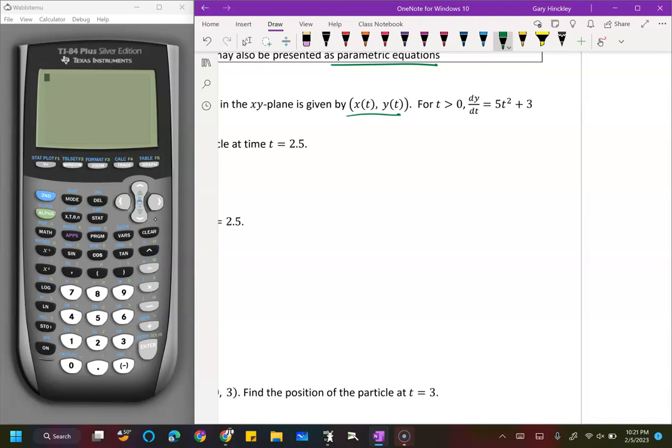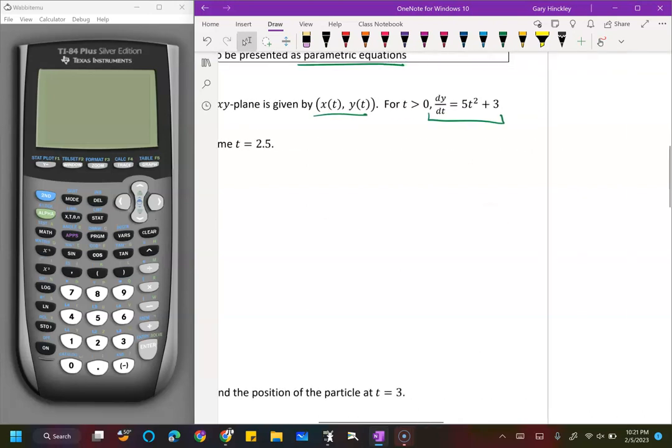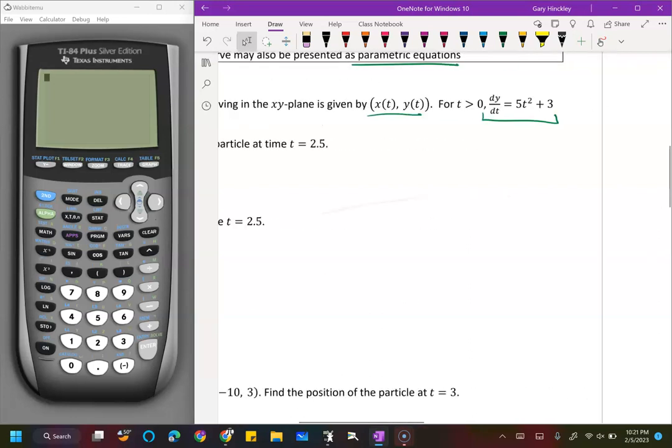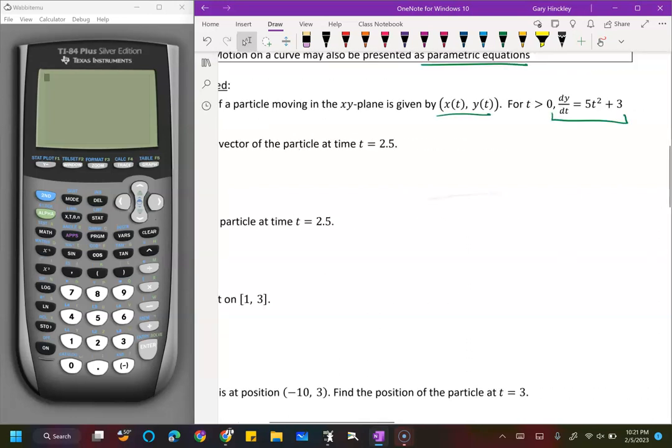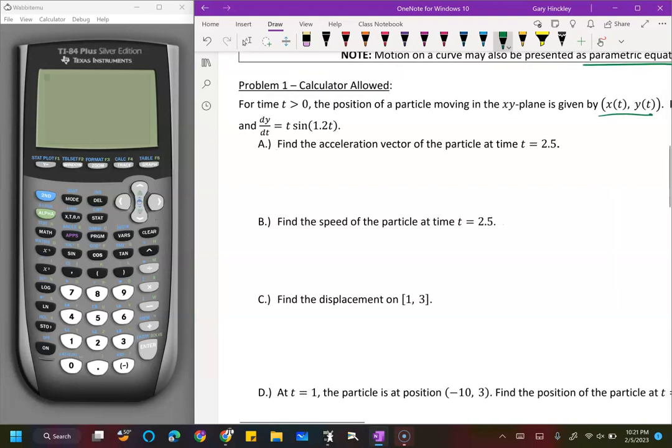For t greater than 0, we're given our dy dt, and actually that probably should be dx dt, looking at that now, because they both say dy dt. We need one of them dx dt. And I assume just going in order, this one should be the dx dt, and then dy dt.